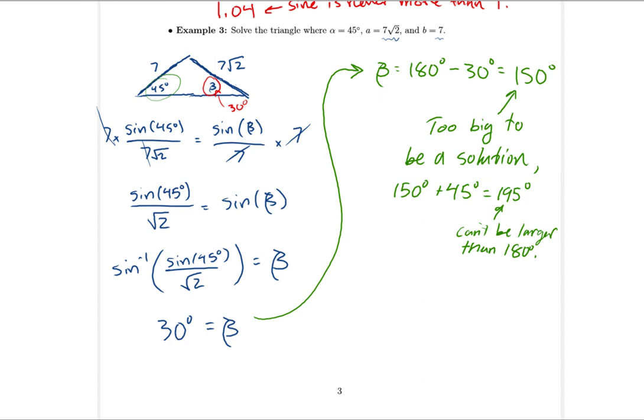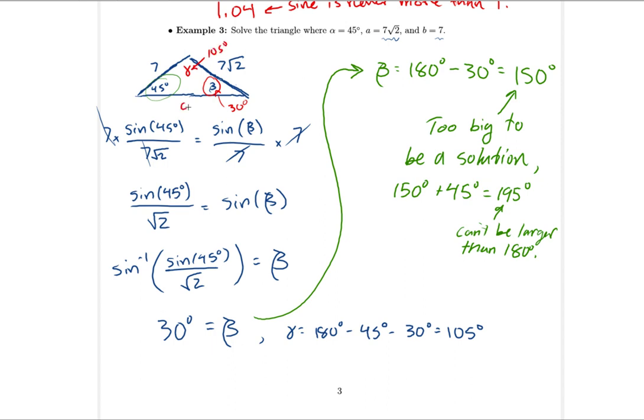So at this point we just say, okay, we're happy with this as a solution. So 30 degrees is my beta. My gamma then would be 180 degrees minus 45 degrees minus 30 degrees, which would be 105 degrees. All right, so that's this one here, gamma, 105 degrees.